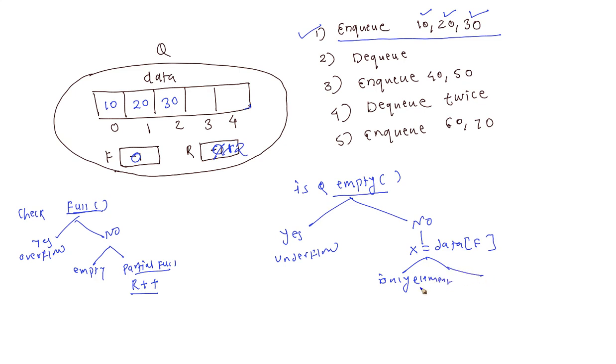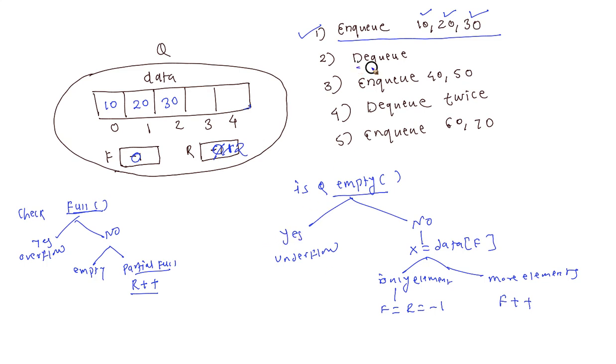Have I removed the only element or are there more elements? If it is the only element, then the queue has become empty, and F and R will be -1. If there are more elements, simply increment F by 1, F plus plus. That's it.